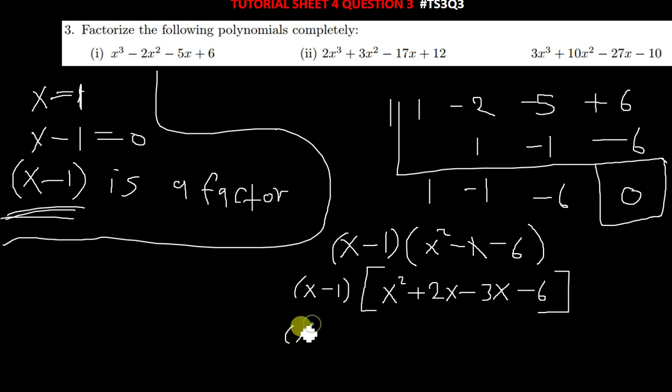So I have my x minus 1 like that, and then I'll write my square brackets there, and then I'll factorize there. I'm going to have x, open brackets, we have x plus 2, here negative 3 is common, so we say x plus 2.